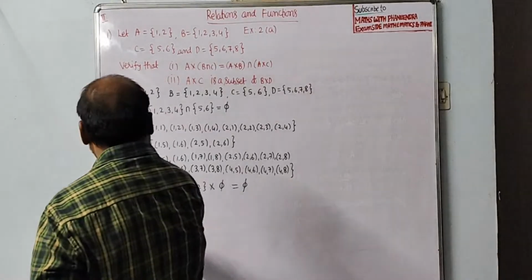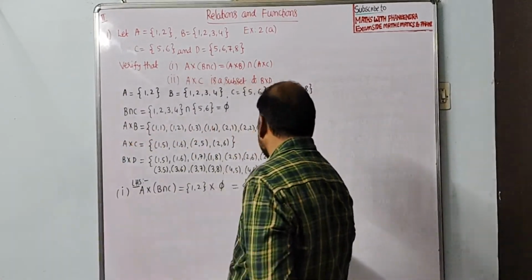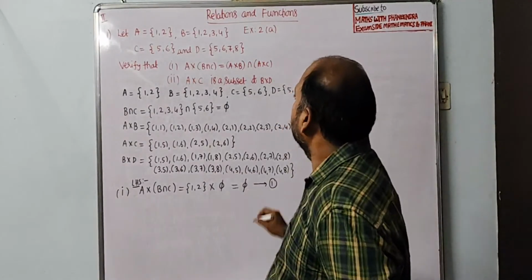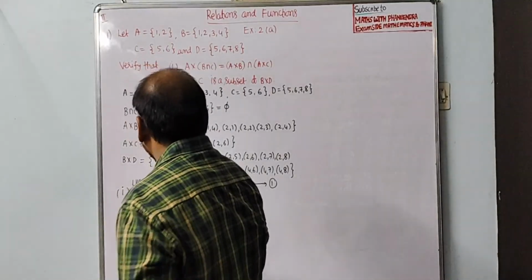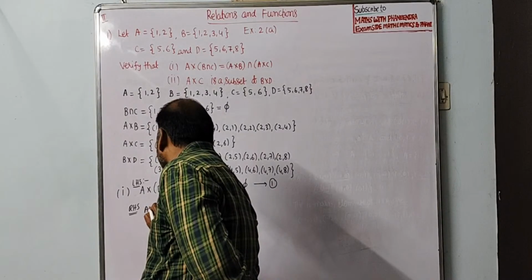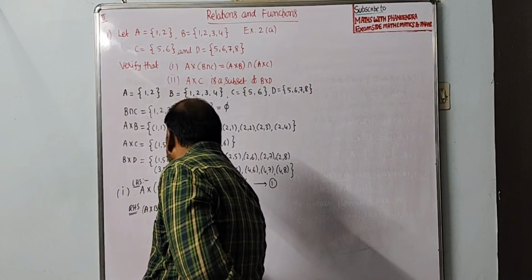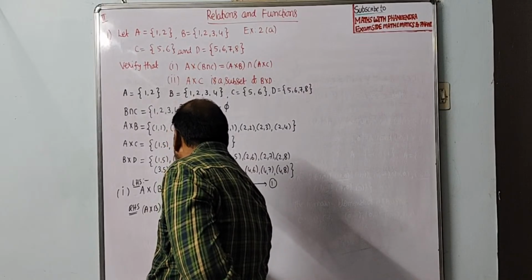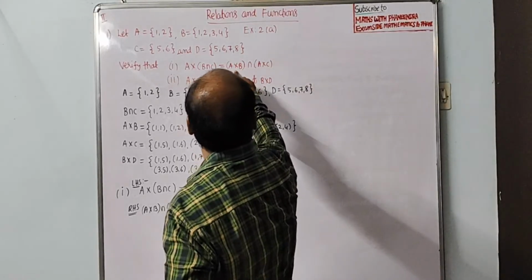This is the LHS in the first question, LHS. So this is equation number 1. Now (A cross B) intersection (A cross C), the RHS value.